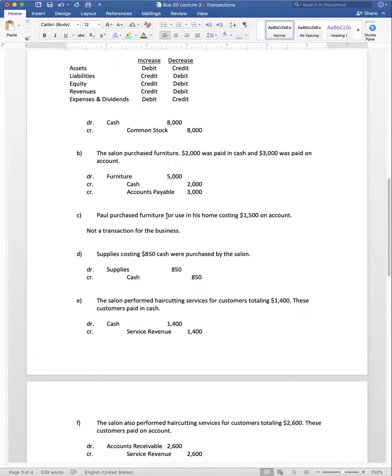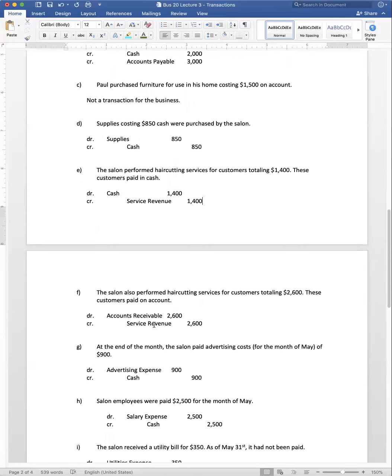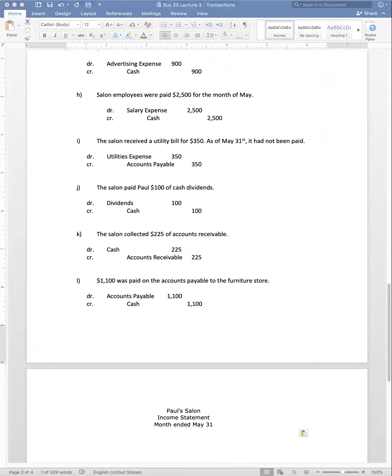We go back and look at our transactions. We had service revenue right here for $1,400 in E. But we also had service revenue in F for $2,600. So our total service revenue is these two amounts added together, $1,400 plus $2,600, which gives us total service revenue of $4,000.